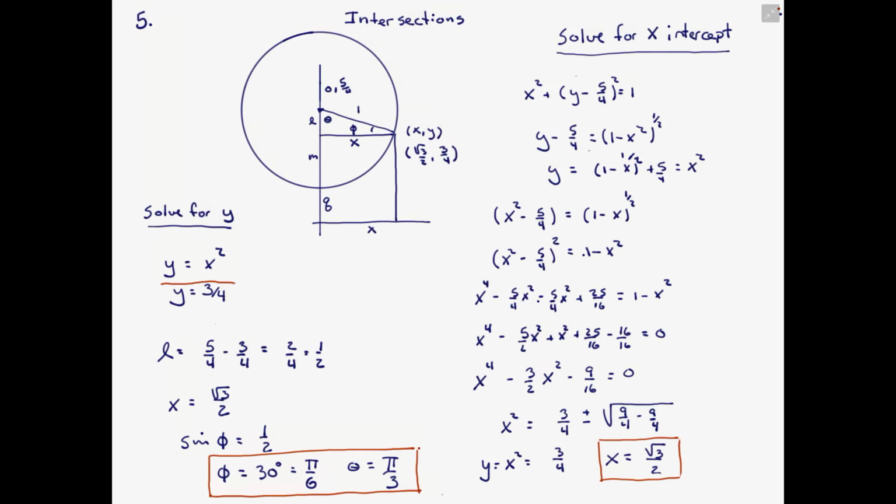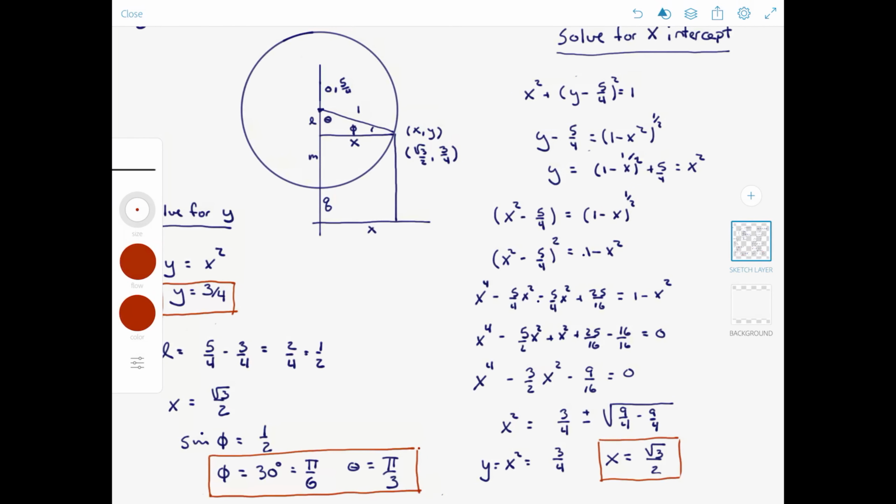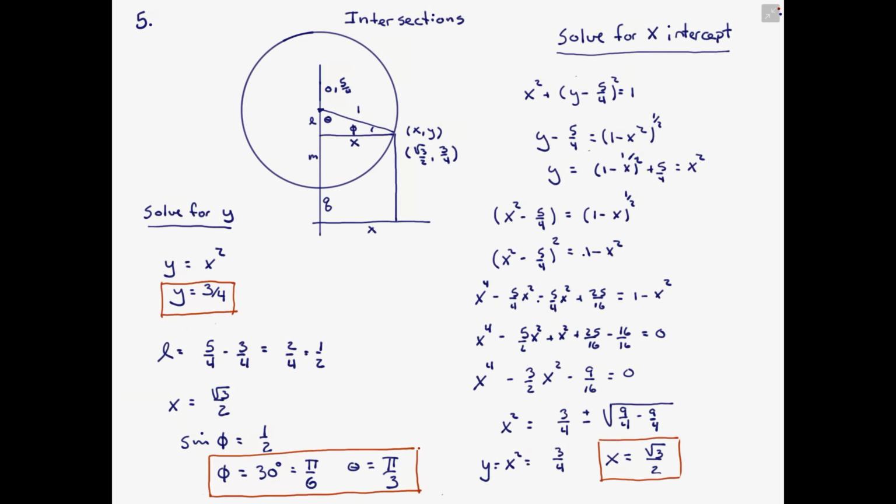So this is the page to take a look at very carefully. First, getting the solution for B, and then getting the intercept coordinates for the circle and the parabola.